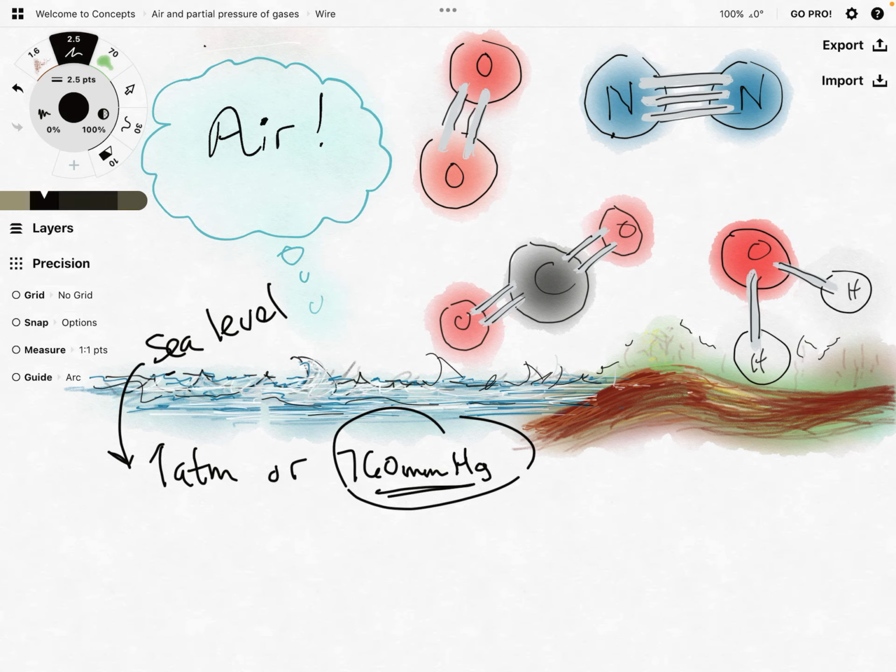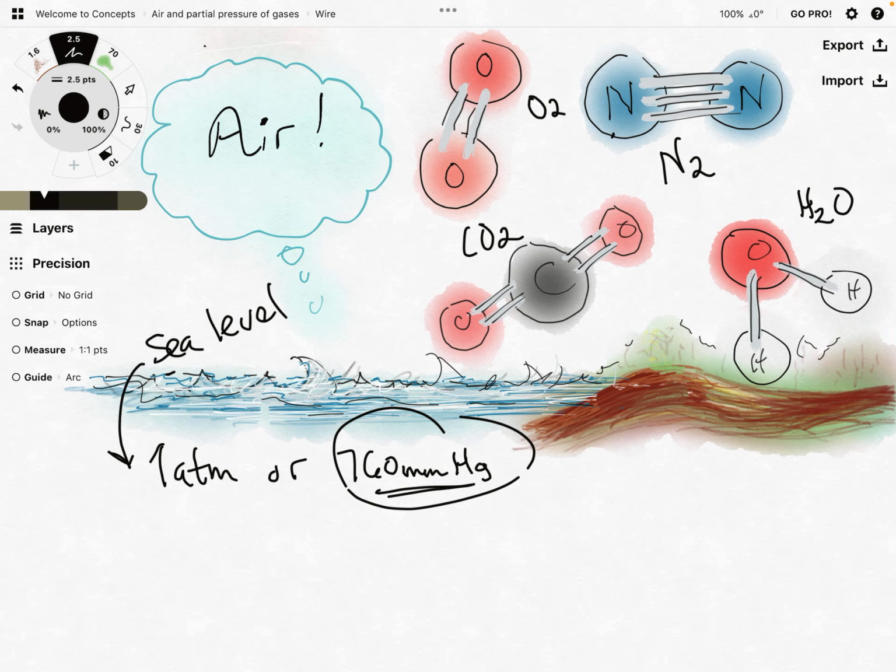So obviously, if we're talking about gas exchange, we first have to talk about air, because air is what we're breathing in. And what is air? Typical air consists of different types of gas molecules at different concentrations, but ultimately we have N2, diatomic nitrogen, O2, diatomic oxygen, carbon dioxide, CO2, and H2O, water.